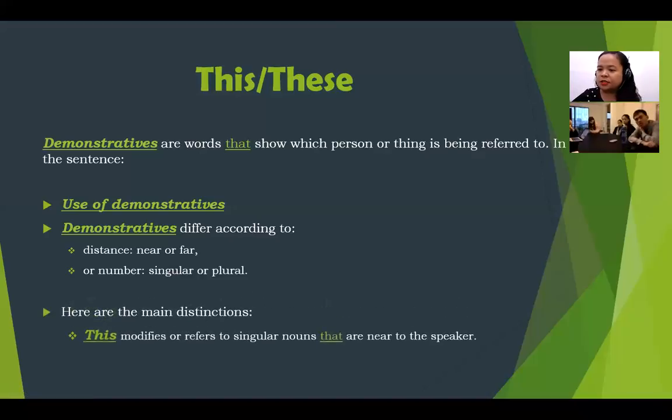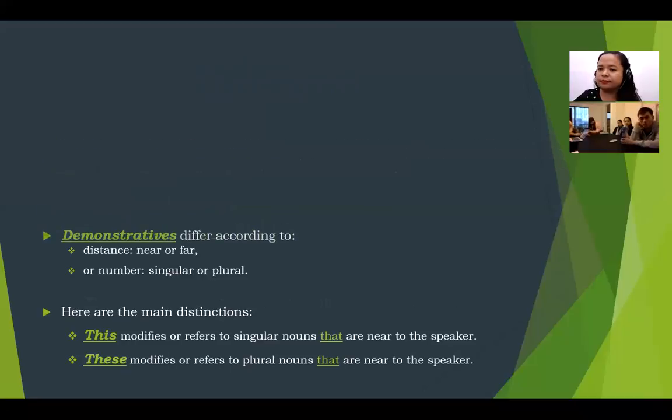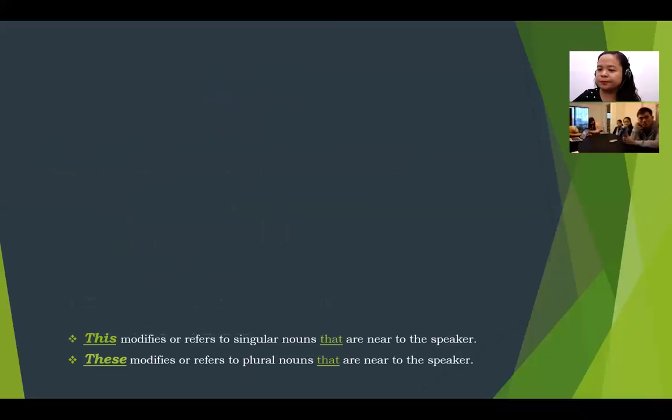So there are distinctions. This modifies or refers to the singular noun, and it is near the one talking. And then these modifies the plural noun, and it's near the speaker too. Yeah, so we're done with this and these.